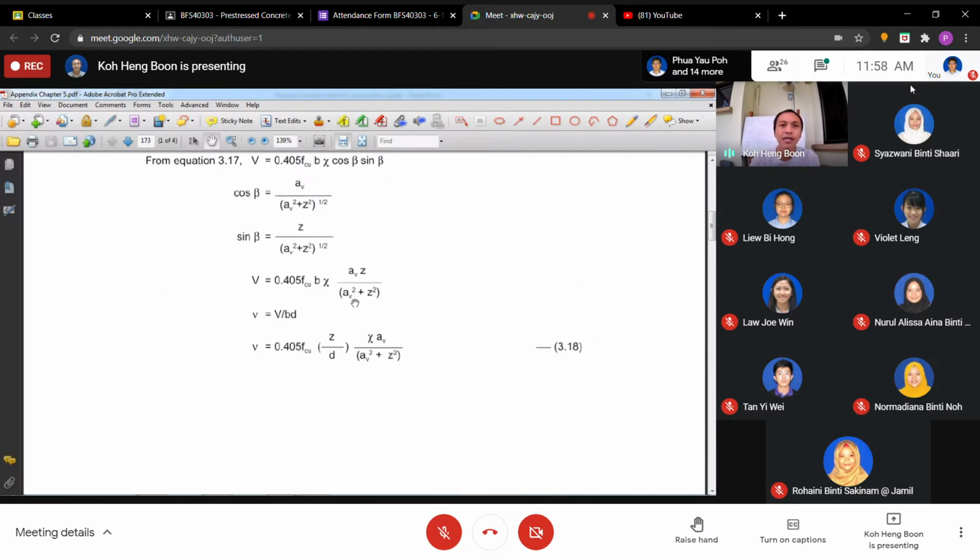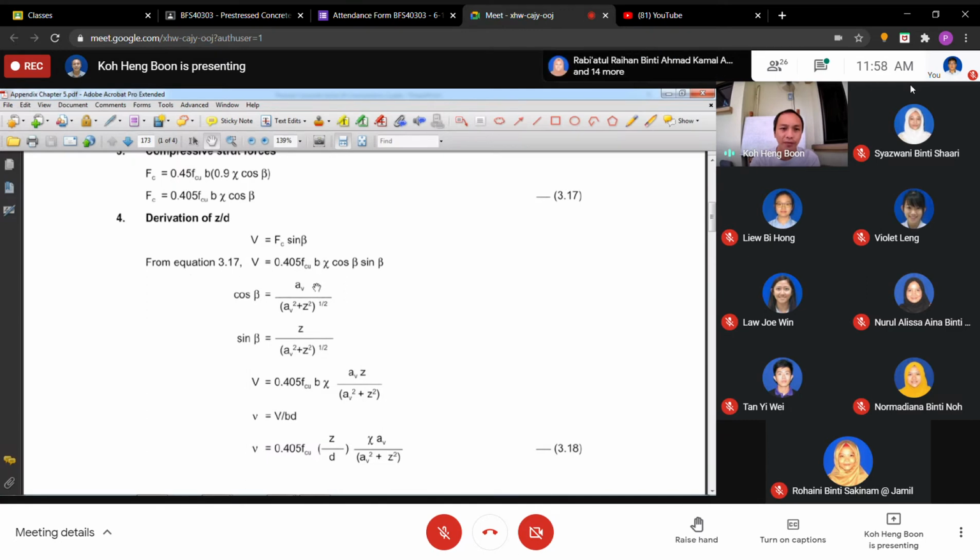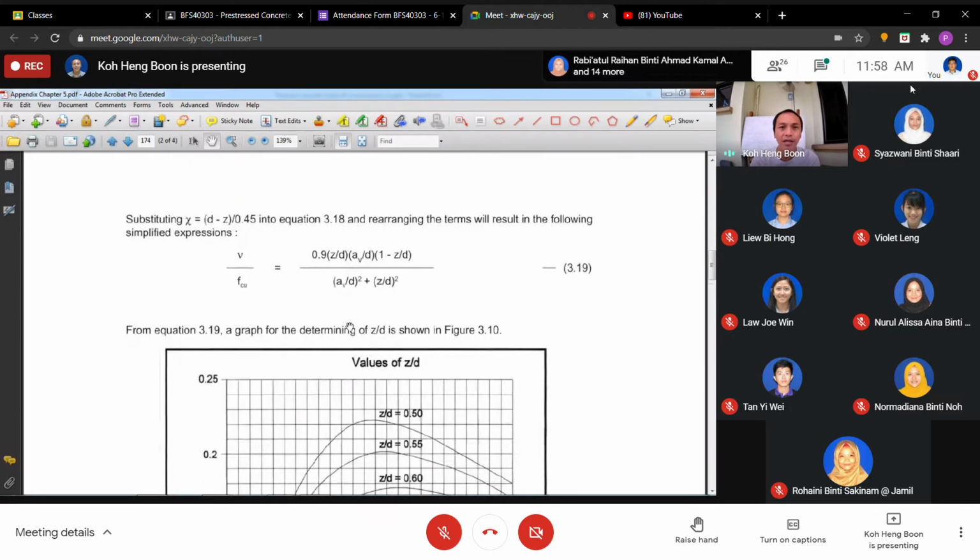Some values will be different, but at the end you'll get an equation like this.